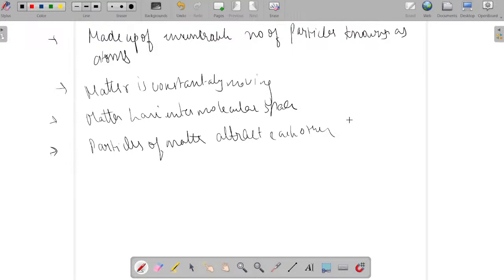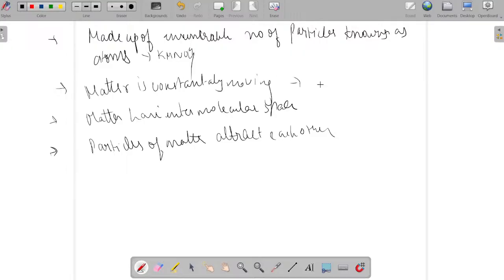These examples I will also give. Matter is made up of small particles, for example KMnO4.